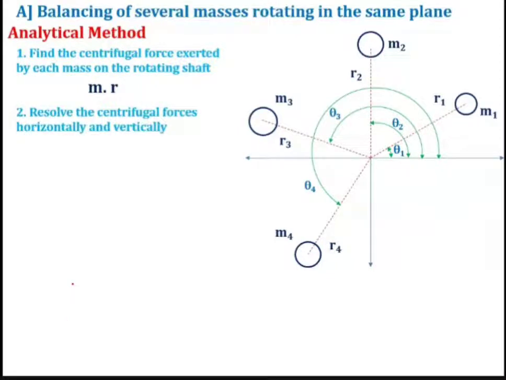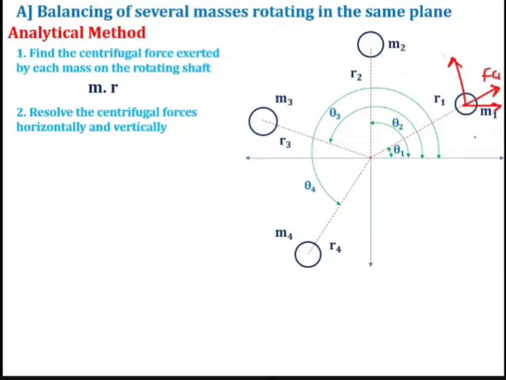Then you have to resolve the centrifugal forces horizontally and vertically. Resolving the centrifugal forces horizontally and vertically means what? Let us say this is the centrifugal force Fc1. So what will be the horizontal and vertical components?